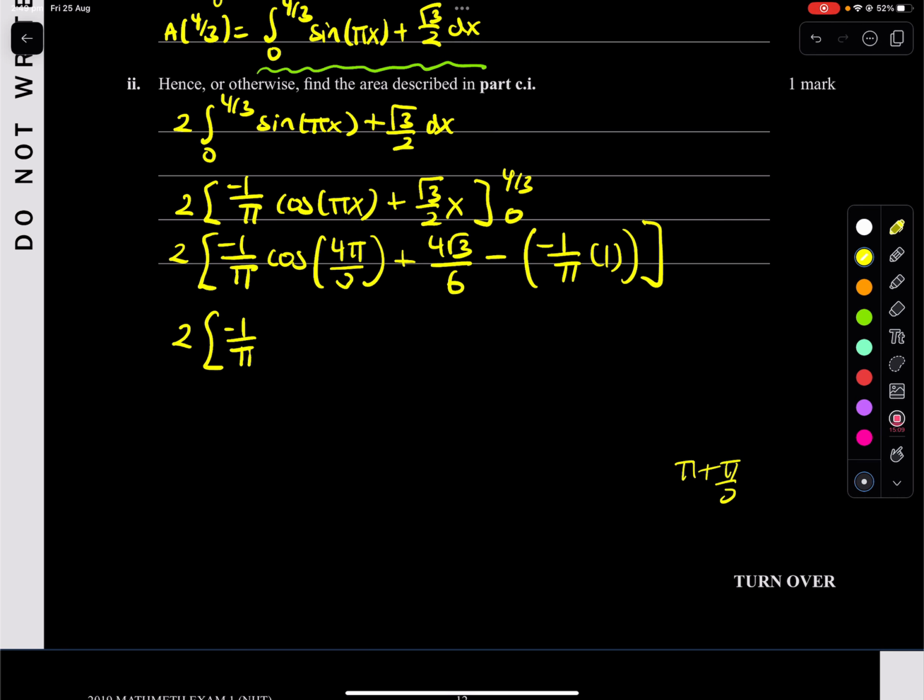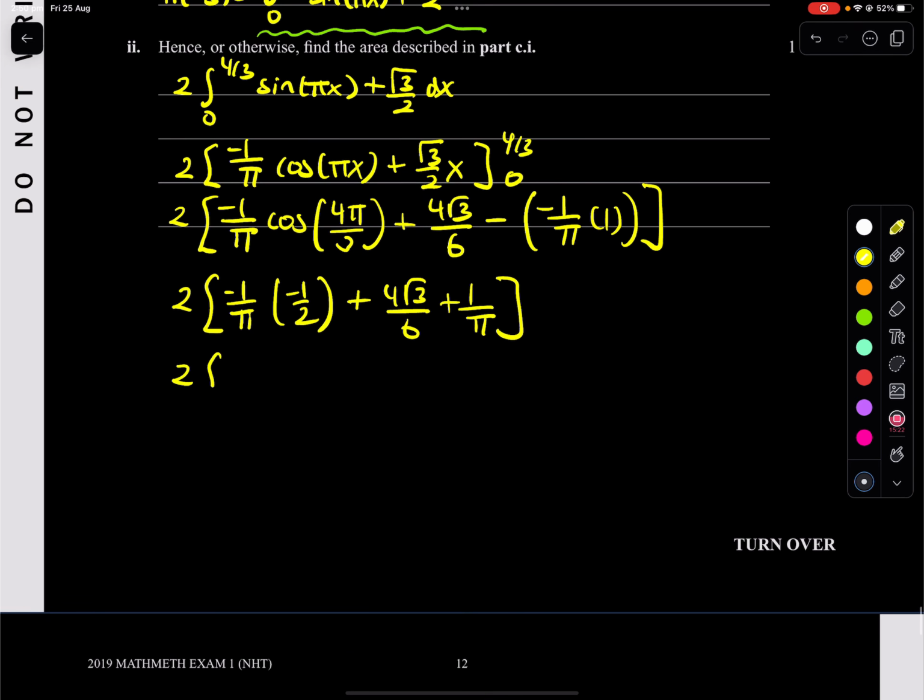This will become just negative half plus 4 root 3 on 6 plus 1 on pi. 2 times 1 over 2 pi plus 4 root 3 on 6 plus 1 on pi.